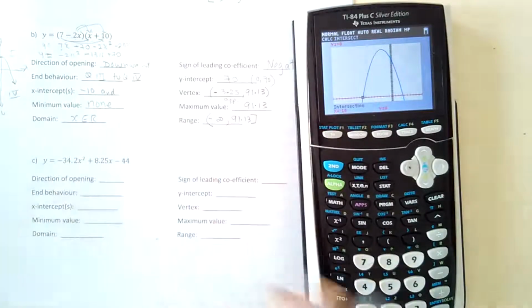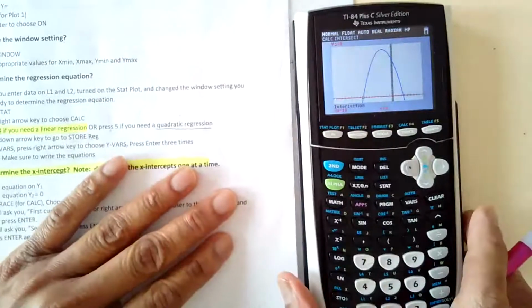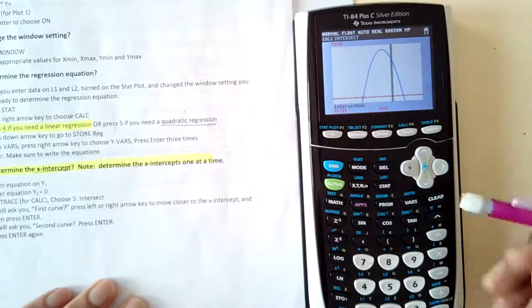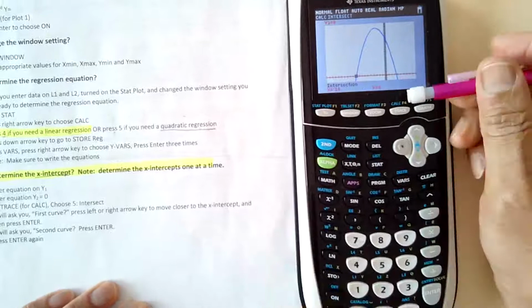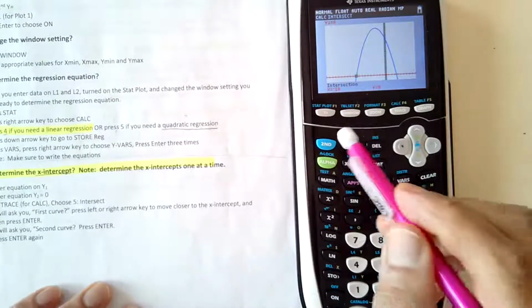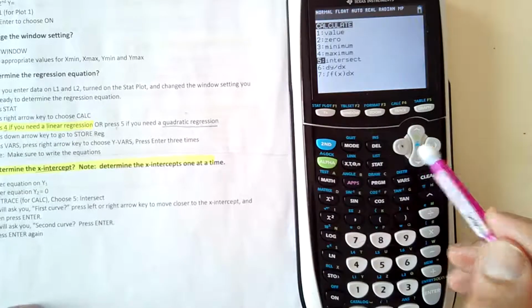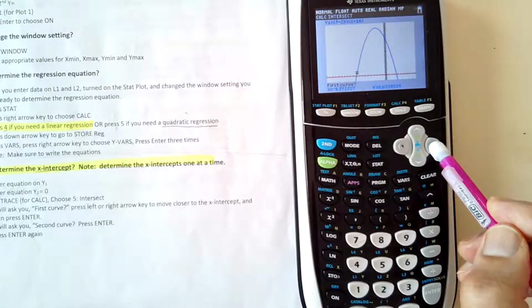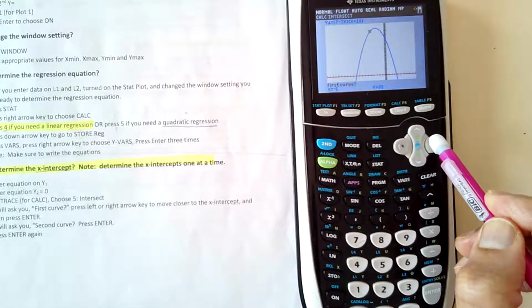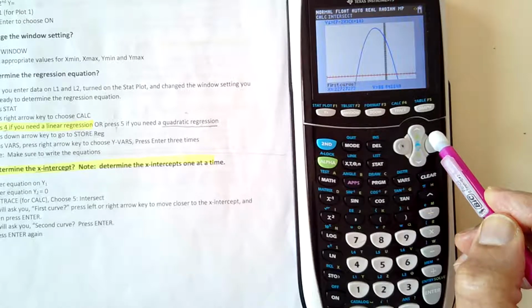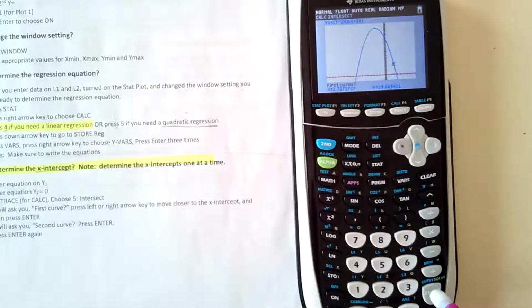And the second one will be on the right, the other side here. So I'll repeat the process in second trace, find your intersect, then move it over. Enter.